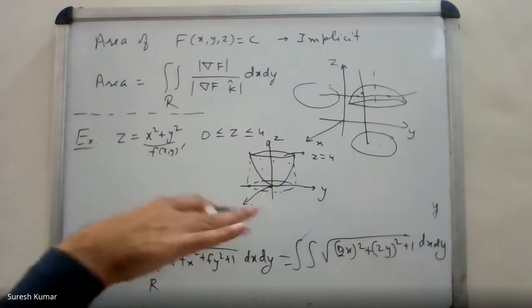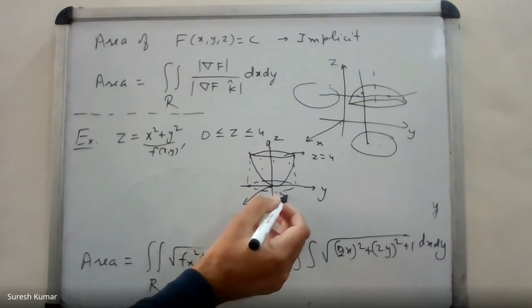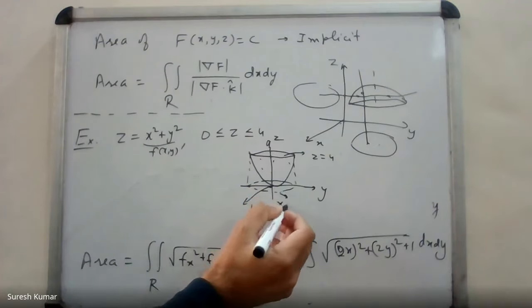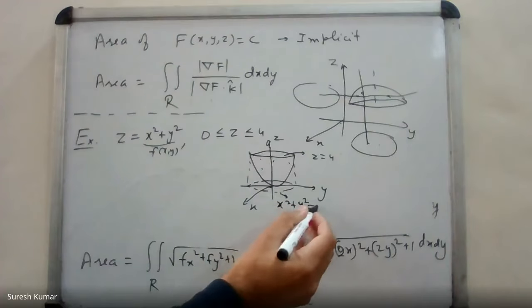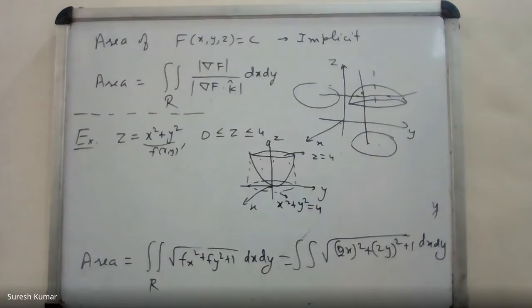If you project this whole surface on the xy plane, what is the equation of the circle? x square plus y square equal to 4. So you need to find this double integral over this circular region, x square plus y square less than or equal to 4. Because it is a circular region, to simplify it, it's better to use polar coordinates.